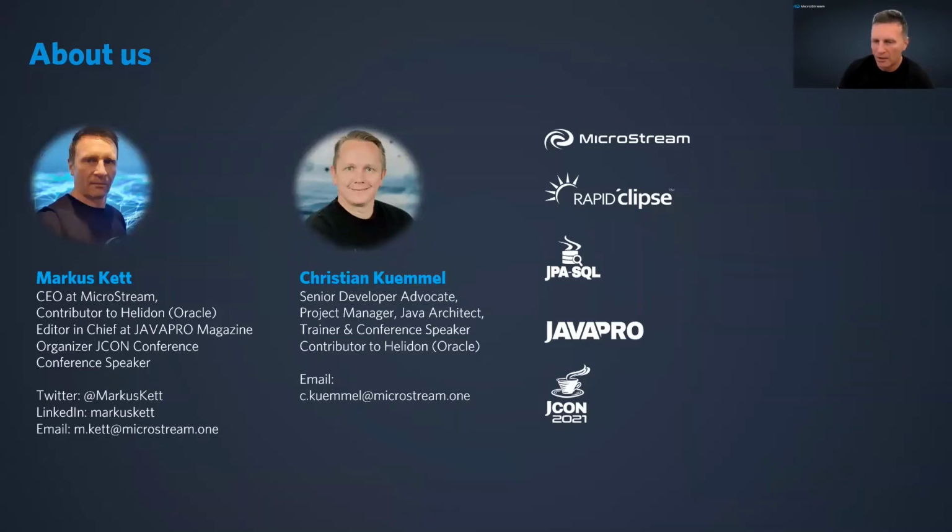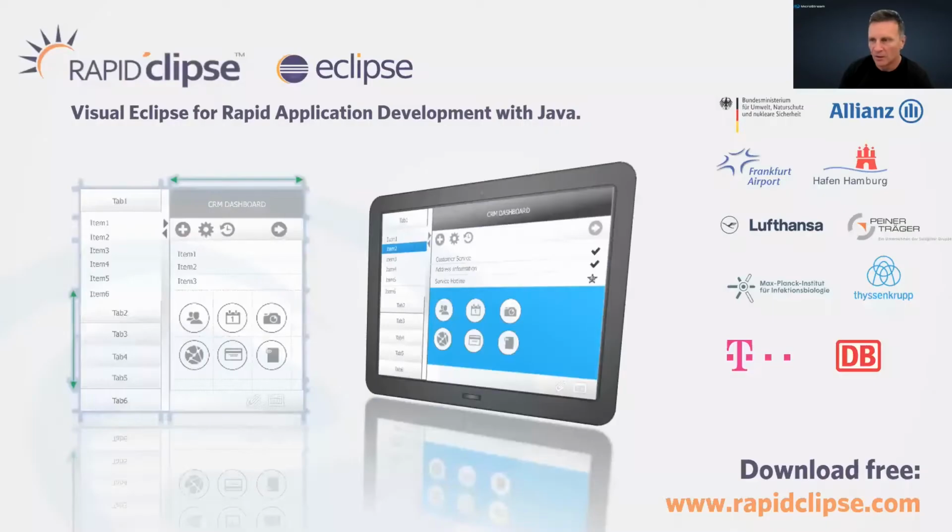With my colleague Christian and our team, we are working on Java tooling for developers and database development for more than 15 years now. So we worked many years on the Eclipse distribution, which is a visual development environment.